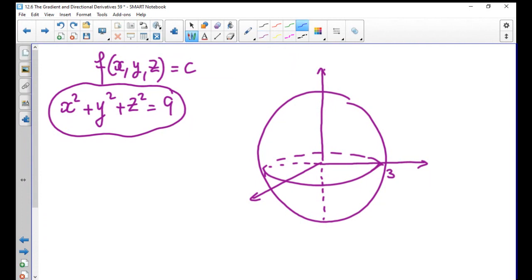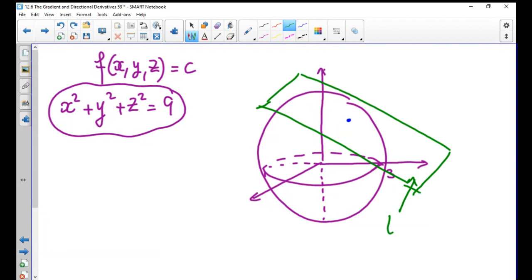Okay. So take a point anywhere on this sphere. At that point, there is a plane which is tangent. So this is the tangent plane to the sphere at this point a, b, c.